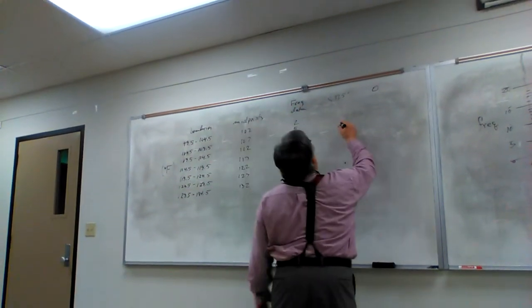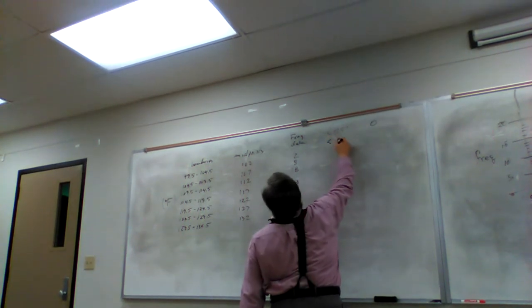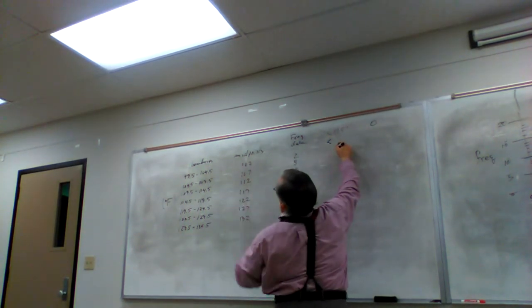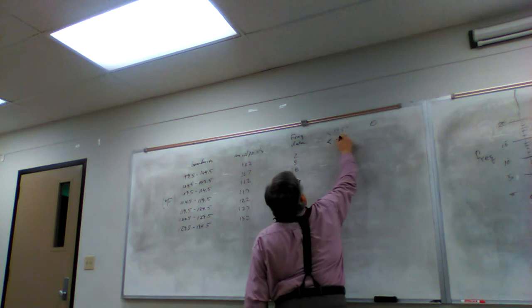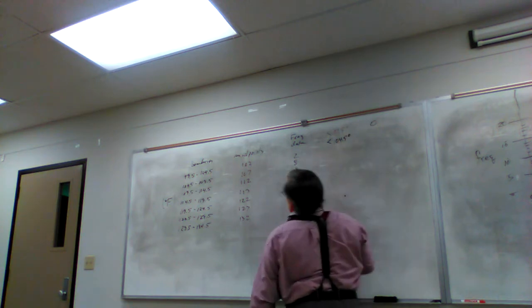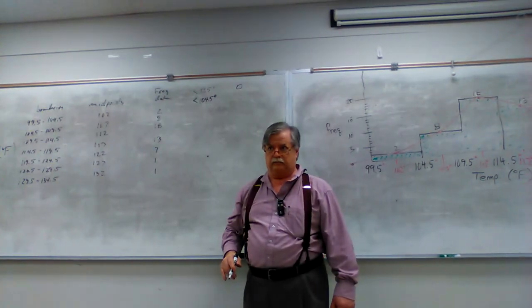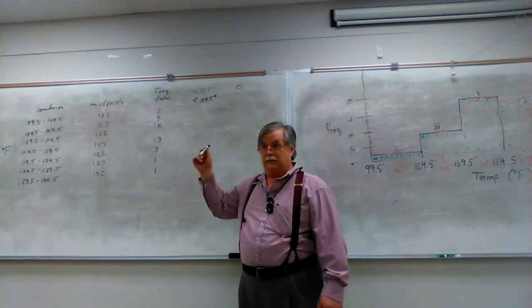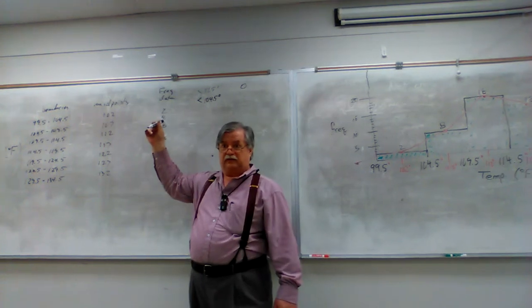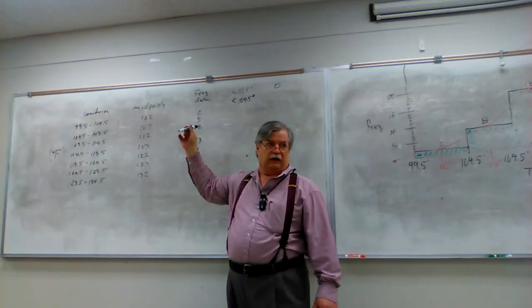As we go from 99.5 to the next boundary, we get to 104.5. And remember, these are boundaries. These are not the class limits. That means that we won't have anything that's equal to 104.5.